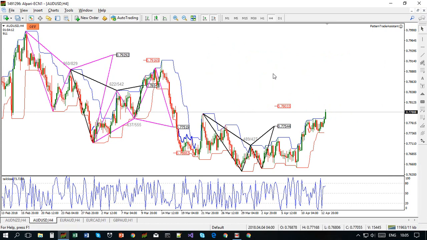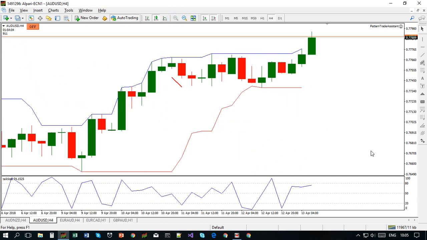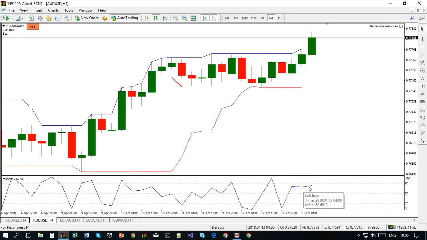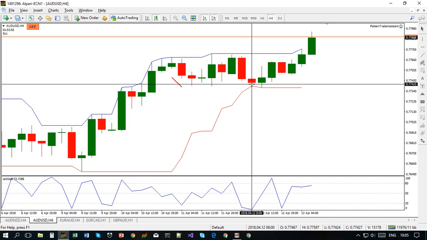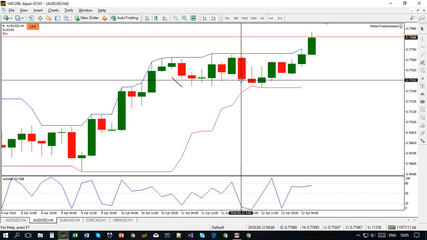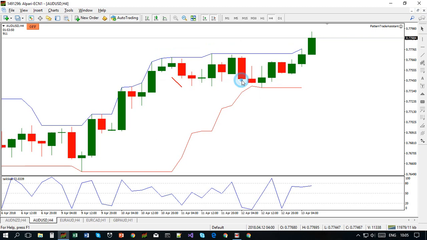Okay, so now I hope you understood what this indicator is and what it does. It draws where the candle close is. If the candle close is in the bottom of the range, then it is a powerful bearish candle. Like this, this was a powerful bearish candle.